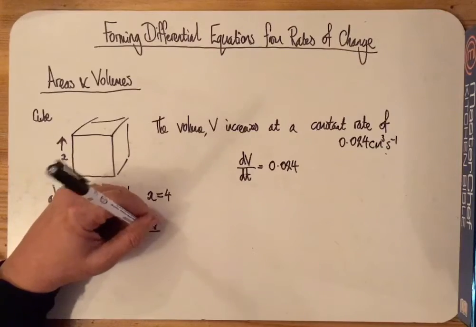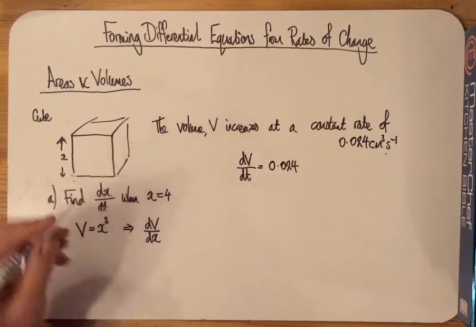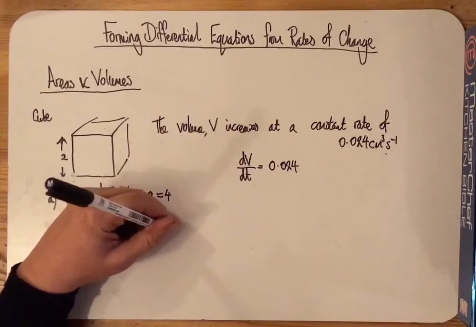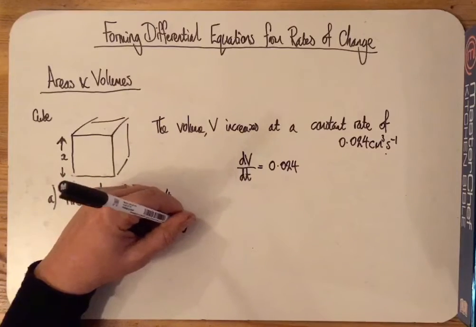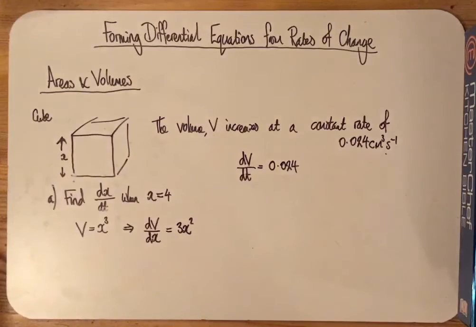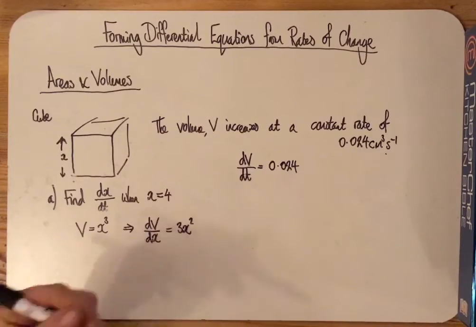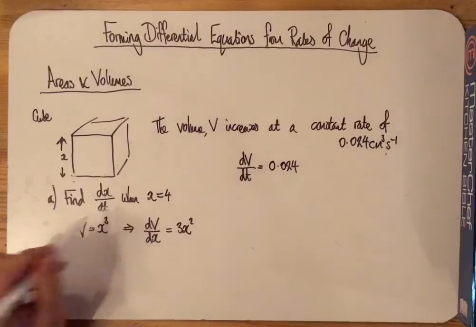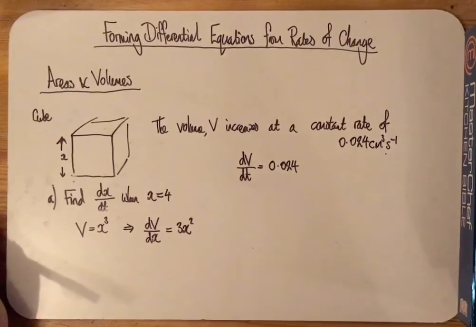So dV/dx is equal to 3x squared. Now have a look at what I've got. I want dx/dt, so I need my dx on top. If I do dx/dV times dV/dt, they're going to cancel down and leave me with dx/dt.